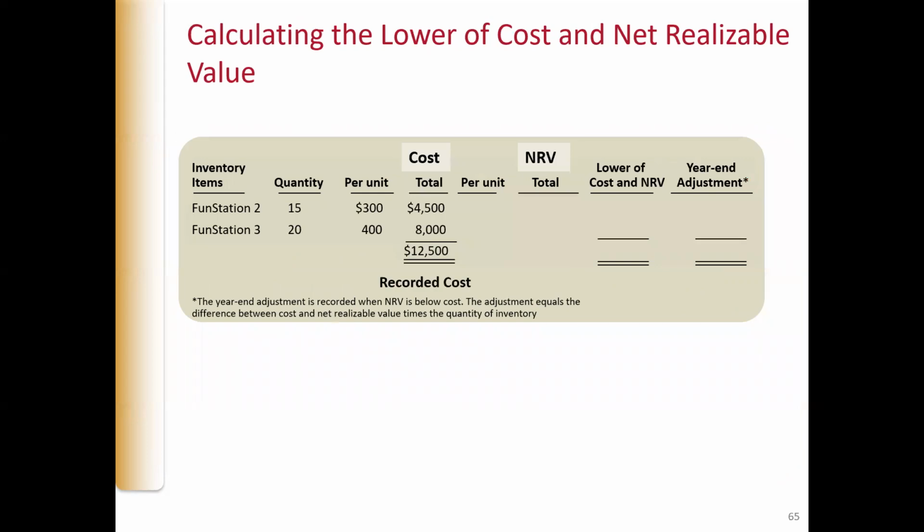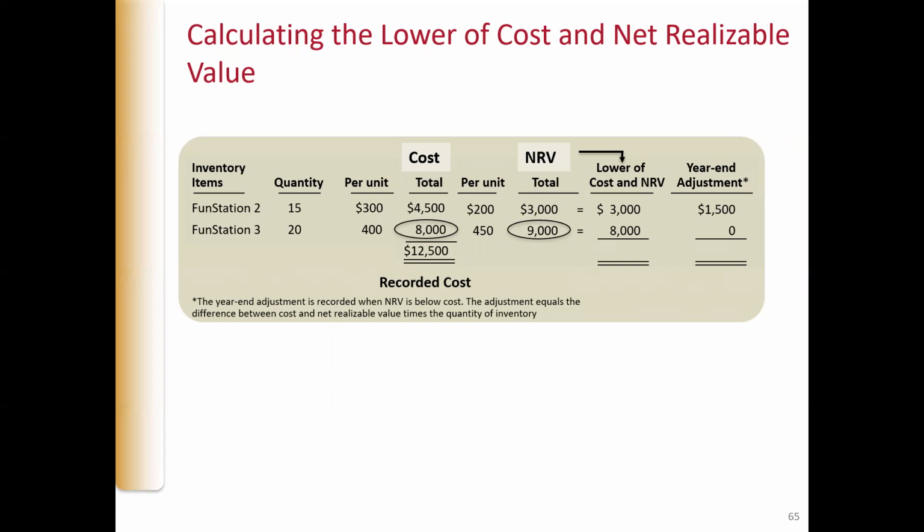So here's an example, guys. This game store has two devices, a Fun Station 2 and a Fun Station 3. It looks like the new one is out now, so it kind of makes the Fun Station 2 a little obsolete. So we're going to look at them and we're going to see, hey, what's lower, cost or net realizable value?